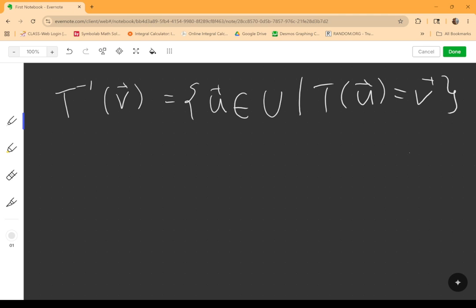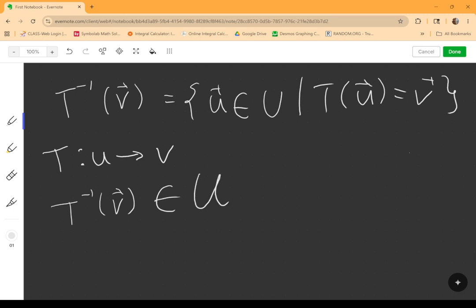Here, one thing to realize is that a linear transformation has a domain of u, a vector space u, and a codomain of v. Now the preimages are vectors that are in u, right? So T inverse of v is an element of the vector space u.